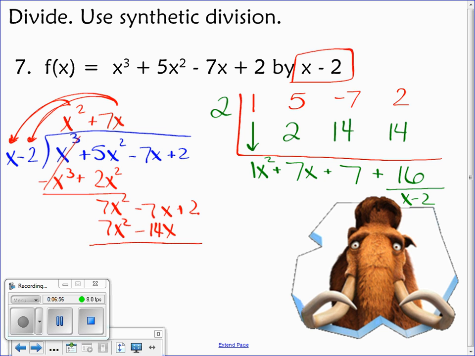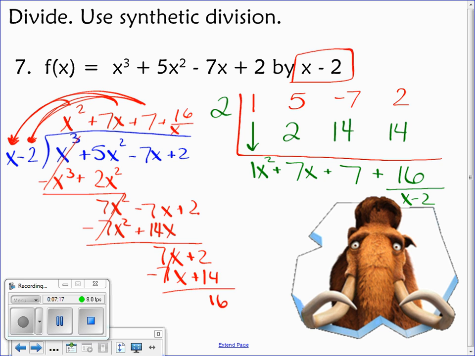Do you see some of the same numbers showing up? Change your signs. That gives me 7x plus 2. Start again. We multiply x to get 7x. 7x. Negative 14. Change your signs. 16. 16 over x minus 2. Same answer? A whole lot less work?